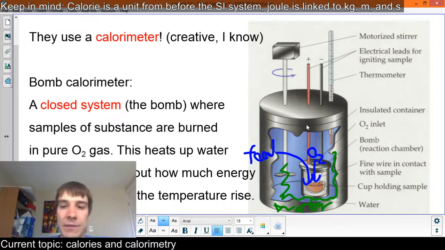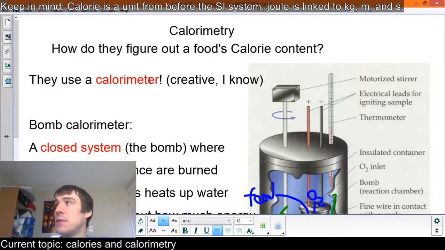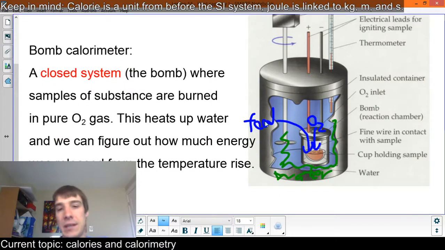Maybe 500 milliliters of water, 500 grams of water, or a kilogram of water to make it easy. And as the food burns and the oxygen reacts, the water will heat up, and based on how much the thermometer changes, you figure out how much energy. That energy comes in the form of calories, right? Because you're heating up a certain amount of water by a certain degree Celsius. So you can figure it out in calories.